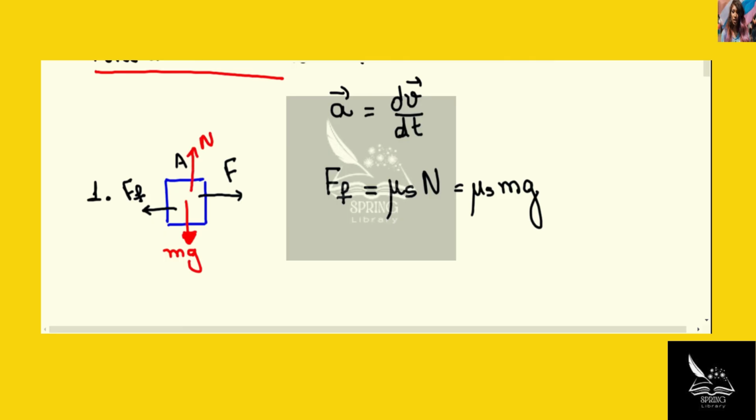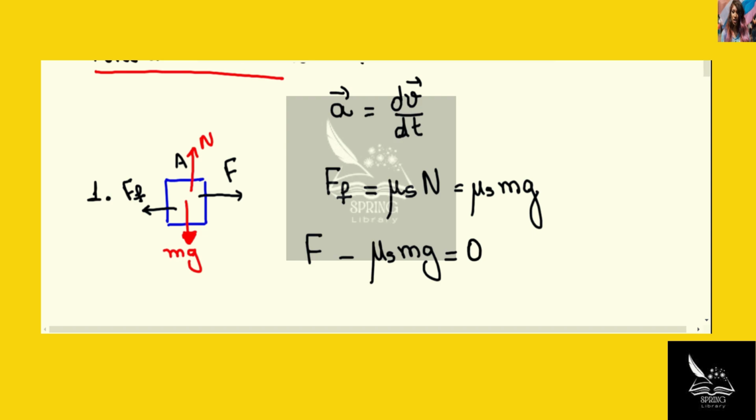So for the forces to be balanced, the normal force must be equal to mg. So the maximum value of the static friction is mu s times mg. So we have that the force minus mu s mg is equal to 0, since the acceleration of the block is 0, since the block is at rest.